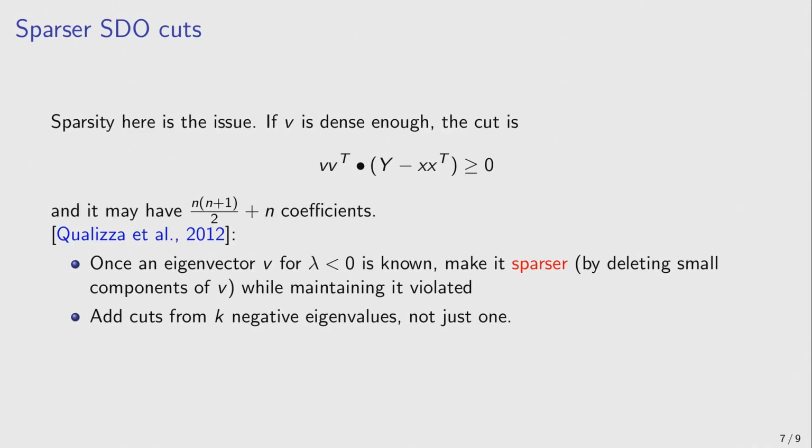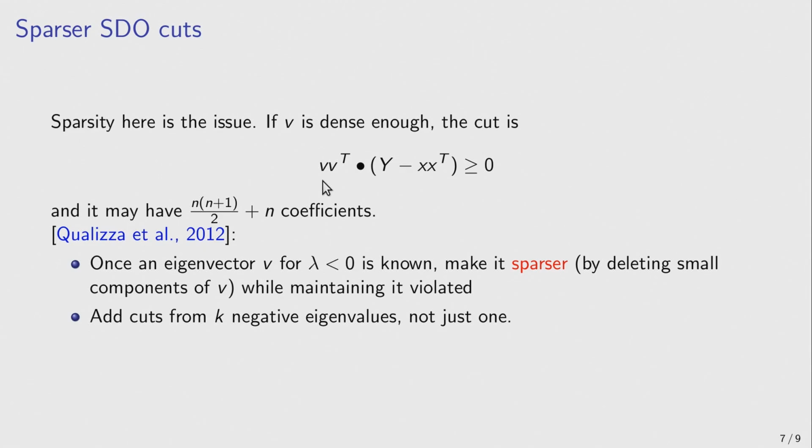There's something even worse here, which is density. We wish for sparsity, but what we get is a lot of density, because any eigenvector can be rather dense, which means that the matrix of coefficients of this inner product is going to be V times V transpose, where V is your eigenvector.